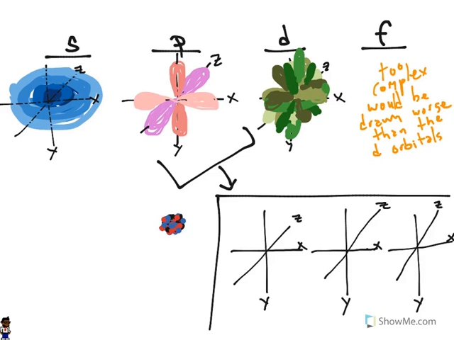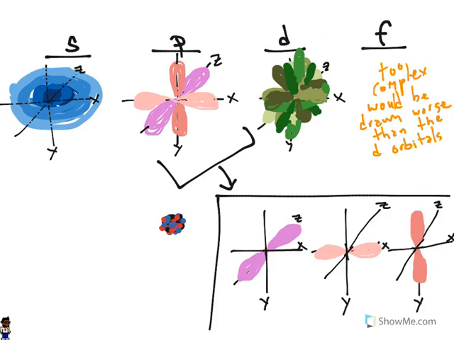So for any energy level that has p orbitals, whether it's the second, third, or fourth energy level, we're talking about 2p's, 3p's, 4p's. They have 3 p orbitals: you've got one along the z-axis, one along the x-axis, and one along the y-axis.